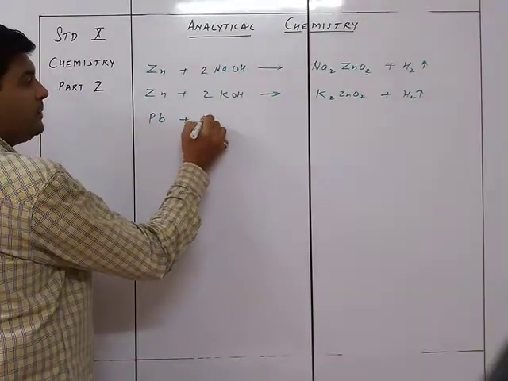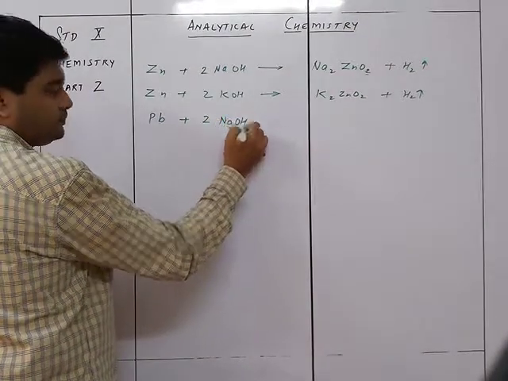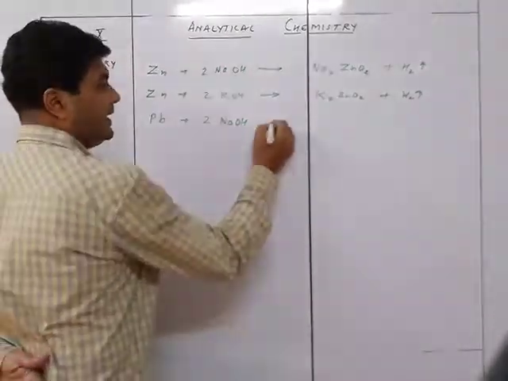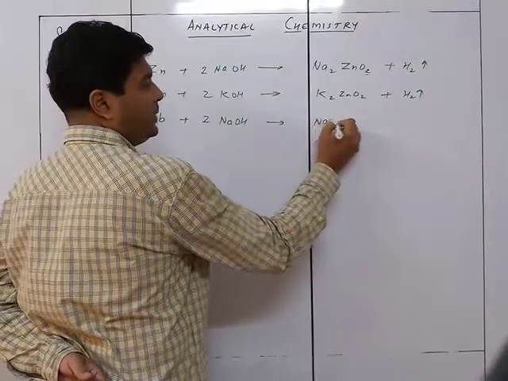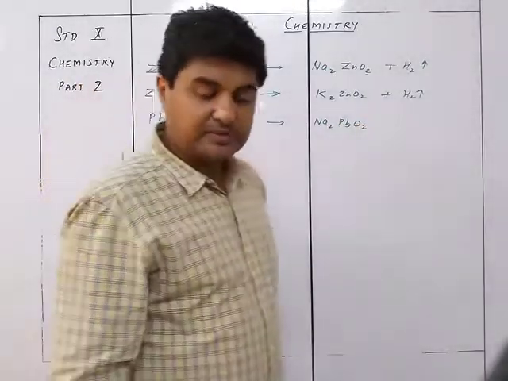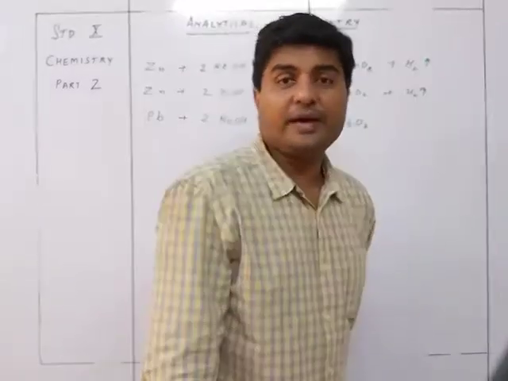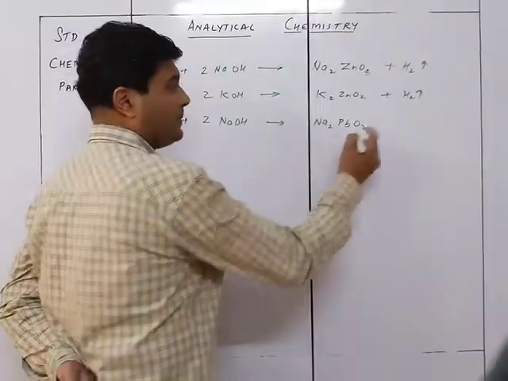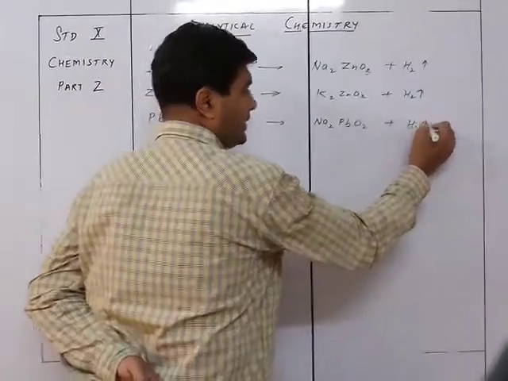So lead Pb plus 2NaOH will again give me Na2PbO2. This is nothing but sodium plumbite. So sodium plumbite plus hydrogen gas is going to be given out.